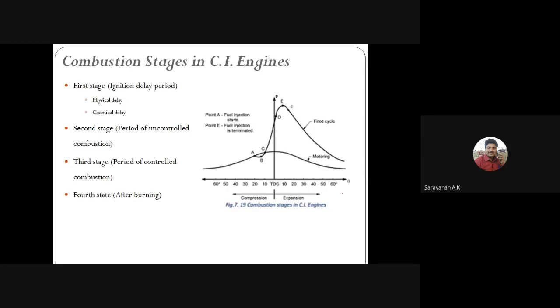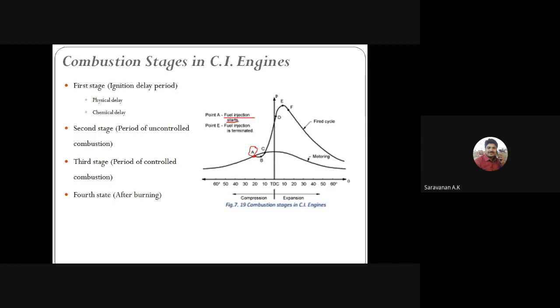So here in this graph you can see the A point. Here the fuel starts from the nozzle. That is the start of the injection. So A is the start of the injection; the fuel injection starts at A point.